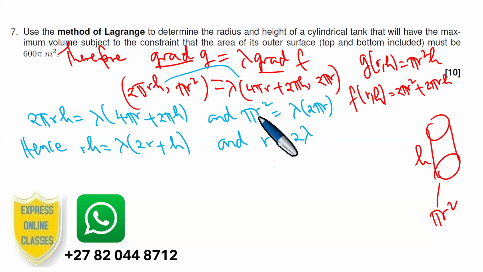You divide by pi r, and this is what we get.